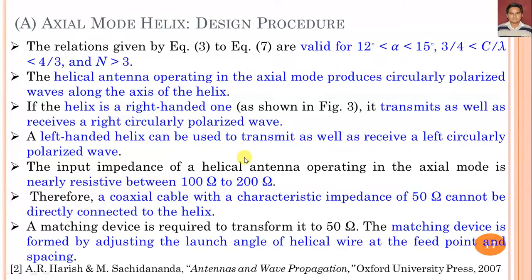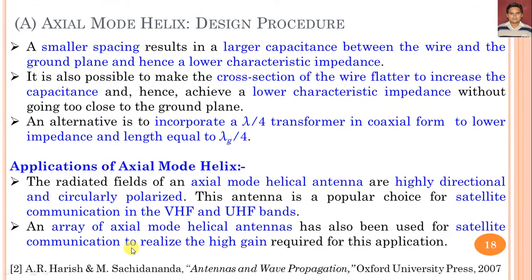we need a matching device, and this matching device is formed by adjusting the pitch angle of the helical wire at the feed point and the spacing. These two parameters play a dynamic role in matching the input impedance of an axial mode helical antenna. If the spacing between elements is smaller, then a large capacitance can be created, and this large capacitance between the wire and the ground plane lowers the characteristic impedance.